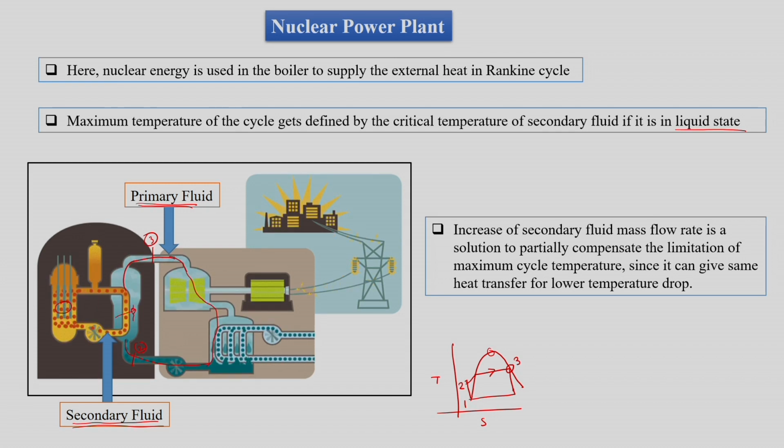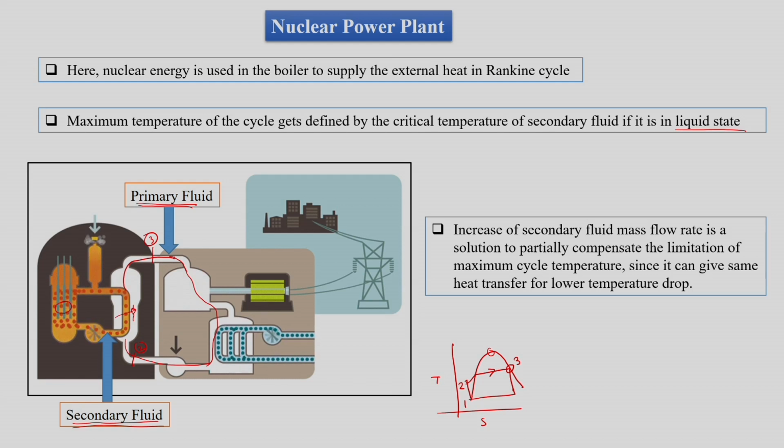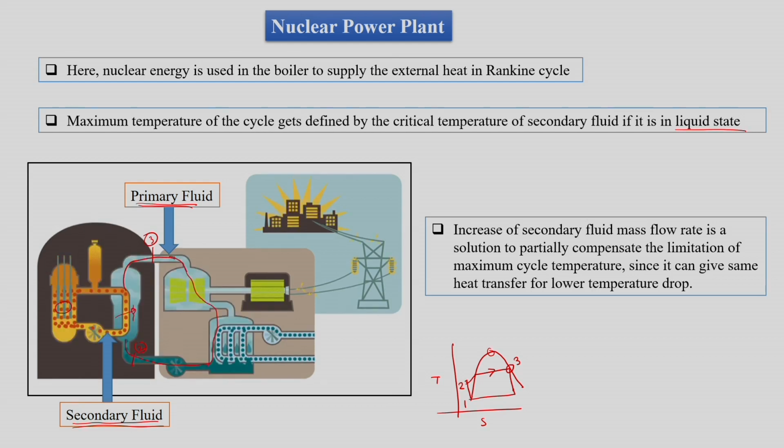We know that heat lost by the secondary fluid will be Q is equal to mCp delta T. So, if we want same temperature difference between the secondary fluid and the primary fluid in heat transfer, then we can increase the mass flow rate. By increasing the mass flow rate, we can increase the amount of heat transfer to the primary fluid, and by that means we can increase the T max, but still we cannot increase the T max beyond the critical condition.